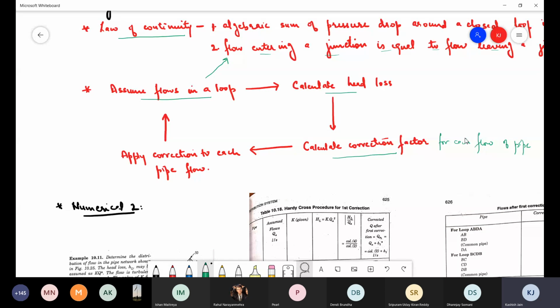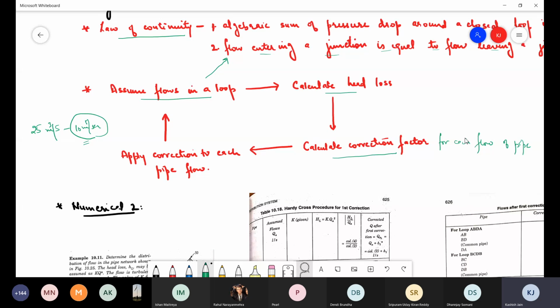If the correction factor is very high, that means let's say you decided that a particular flow of 25 meter cube per second is flowing through a particular pipe. You got a correction factor of, let's say, 10 meter cube per second. This correction factor is very large. So what we do is, we need to follow another iteration. And when we do another iteration, you see the correction factors in the next iteration.